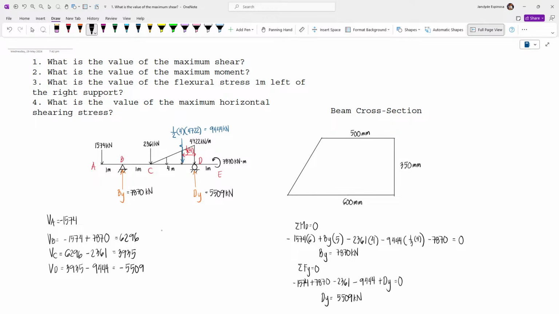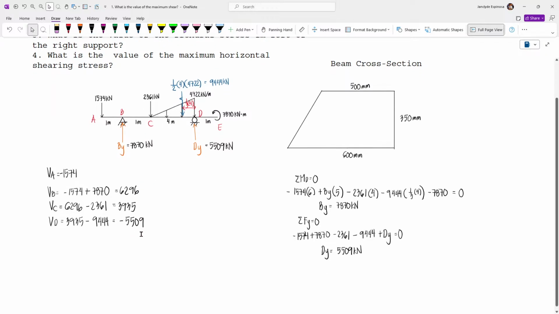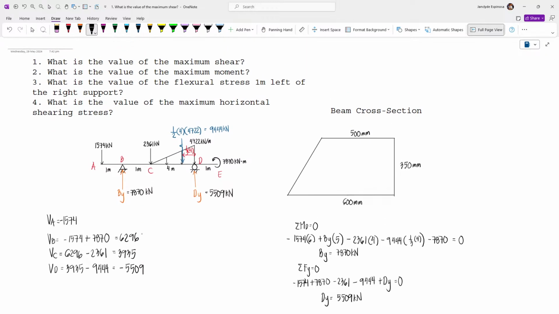And then VE, for VE we have minus 5509 and then plus 5509. So di ba ma-zero?